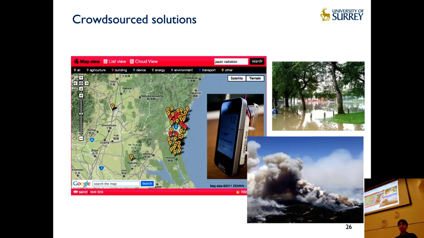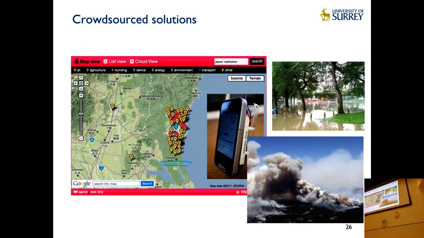One important aspect in creating IoT applications is if you're relying on crowdsourced data, the reliability of that data can be an issue, and it's important you are aware of it. This is an example from around 10 years ago, when there was the tsunami and the nuclear leak at a power plant in Fukushima, Japan.